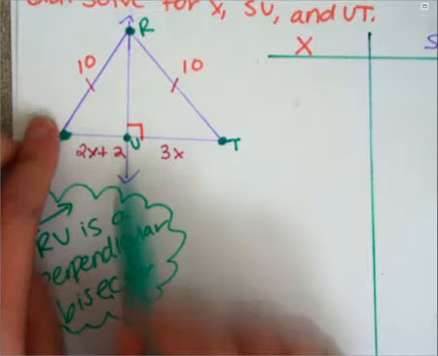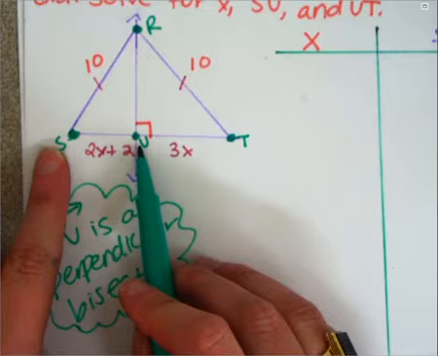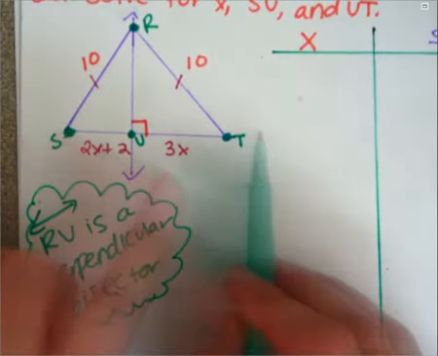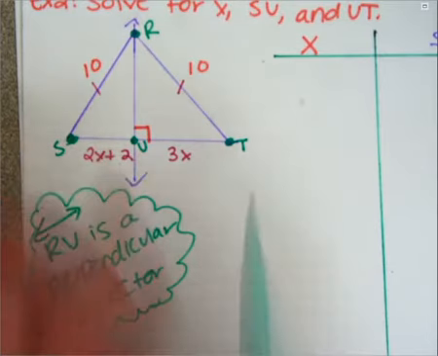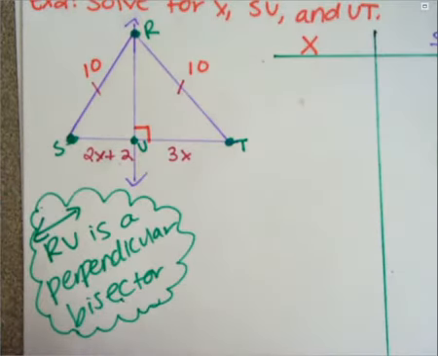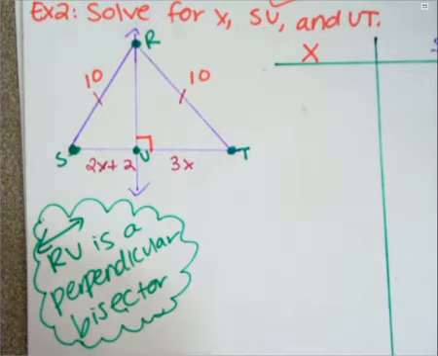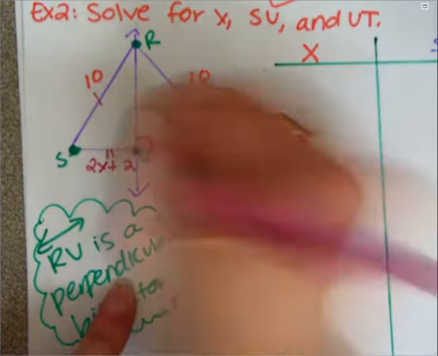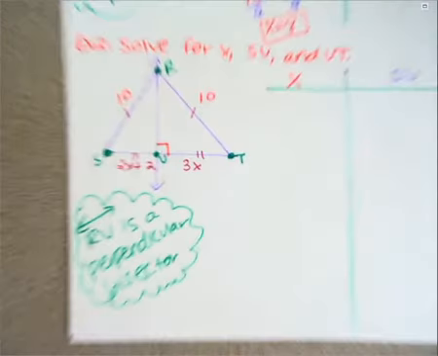So RU will slice segment ST in half, which means SU and UT. What does that mean about SU and UT? If this is the halfway point, how does SU relate to UT? Like normal, you guys always know the answer. That is correct. If RU is bisecting ST, it creates two congruent segments, which in this case will be segment SU and UT. So SU and UT will be congruent, which will help when we start solving for X.